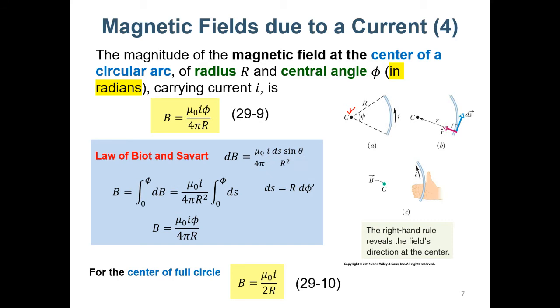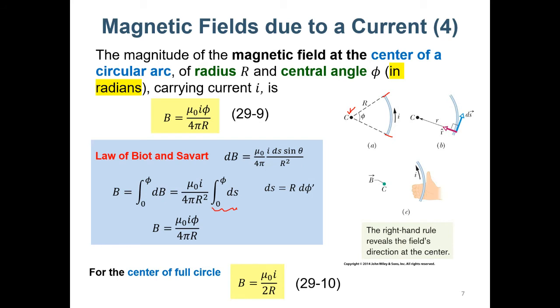And then the distance from the wire to the center is a constant, capital R. All of them are constant, and then we integrate ds, which is nothing but the length of this arc, 就是那个圆弧的长度。So this is nothing but R times phi.